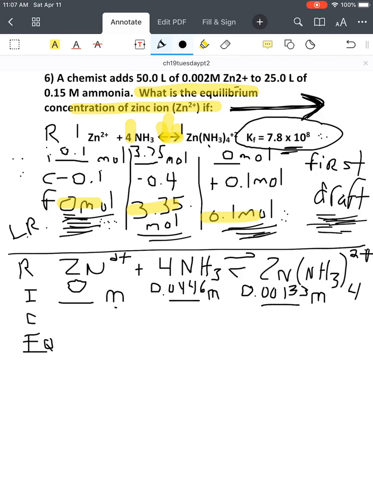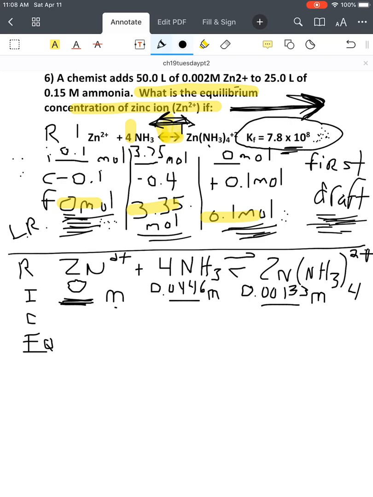So what's wrong with our initial first draft projections? Well, I think this zero right here is our big problem. This is an equilibrium. It's a constant that is not infinity. So this reaction really doesn't go to completion to the right, to the highest extent possible. The truth is, the reaction lies somewhere in between, right?